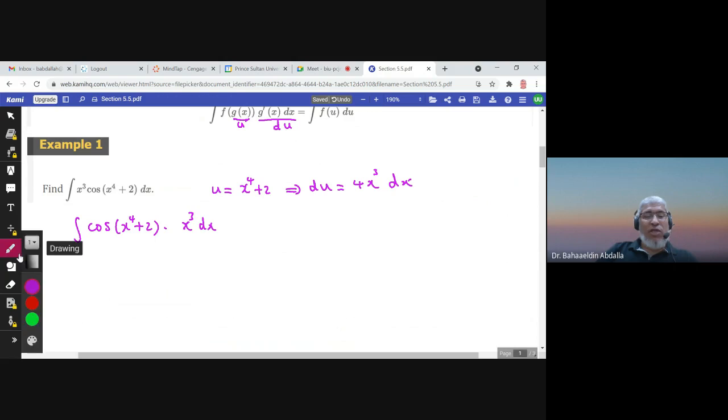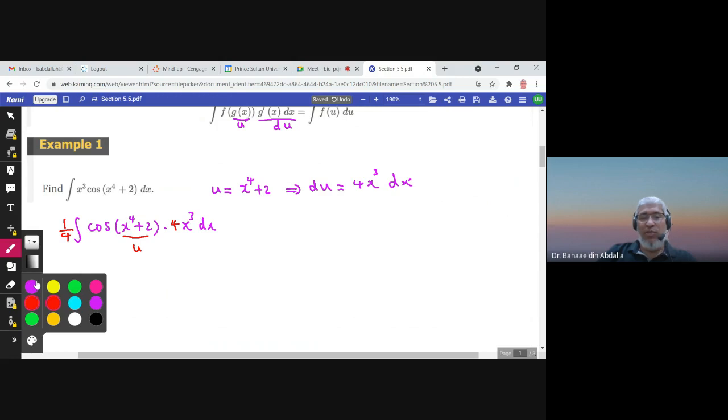Now I called this u. Okay, I need du. du is 4x cubed dx, but I have x cubed only. I need 4 here. So I will multiply by 4. But if I multiply by 4, I have to divide by 4 outside. So 1 over 4 times 4 would be 1. Nothing changed. So if I do it like this, then 4x cubed dx would be du.